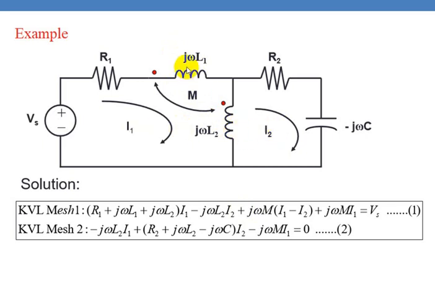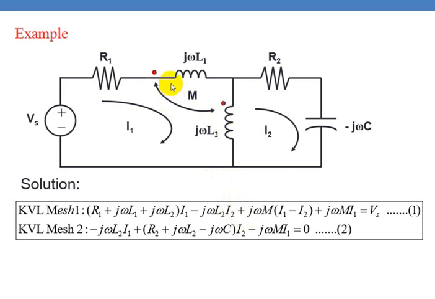Therefore, the mutual inductance voltage in this coil will be j omega M into the current in the coil it is coupled to, which is I1 minus I2. So what about the sign? In this case it is plus.